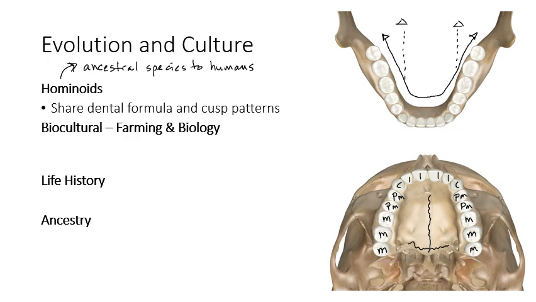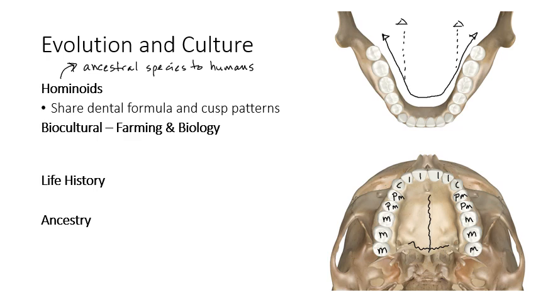They may or may not be directly related to us. A chimpanzee is a hominoid. It's related to us. We do share an evolutionary heritage. We did come from the same species at one point in time that branched off to chimpanzees and then leading to us.